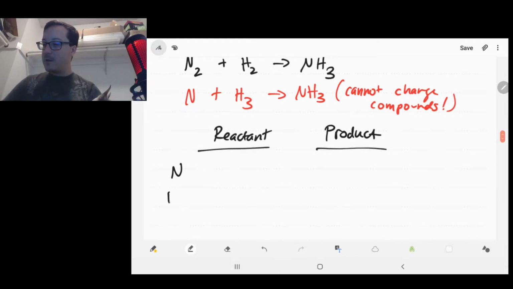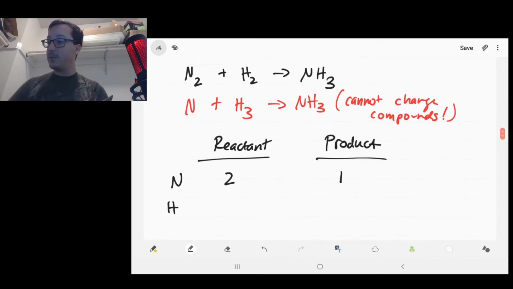We have nitrogen and hydrogen. And so we can keep a running tally of how many we have. On the reactant side, we have two nitrogen atoms. On the product side, we have one nitrogen atom. On the left side, the reactant side, we have two hydrogens. And on the product side, we have three hydrogens.